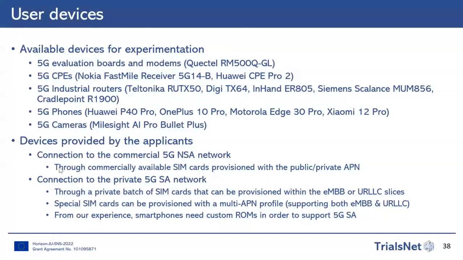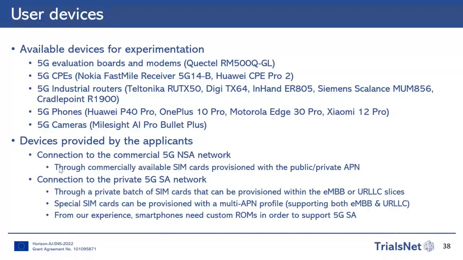For the devices that are provided by the applicants, we will provide free SIM cards that can access both the public or private APNs. And we can also provide the SIM cards to access the private 5G standalone network that can be provisioned with eMBB or URLLC slices, or there is the possibility to have special SIM cards that are provisioned with multi-APN profiles, so they can support both eMBB and URLLC at the same time.